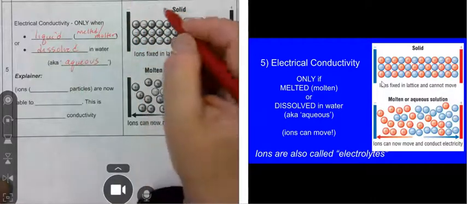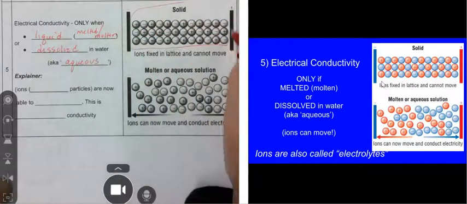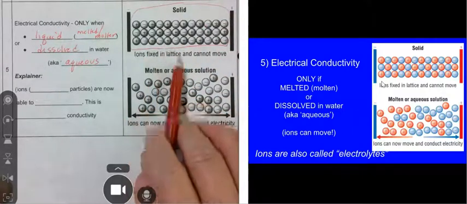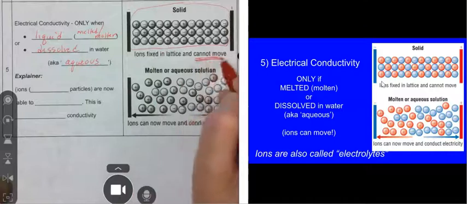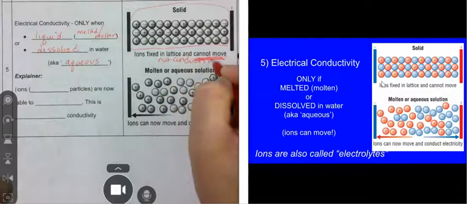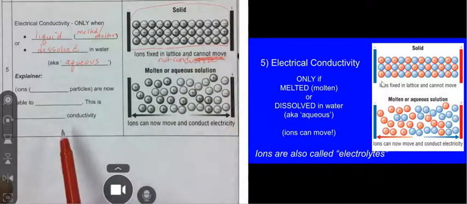But not when it's solid. When ionic substances are solids, those ions are fixed rigidly in place and they cannot move. If those charged particles cannot move, it is not conductive. It will not conduct electricity.